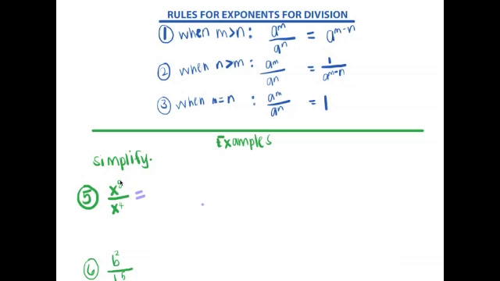So our final answer is not going to be a fraction. Since it's not a fraction, you keep the base, which is x, and then subtract the exponents, 8 minus 4, and we end up with x to the 4th as the final answer.